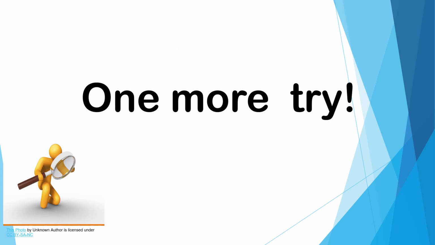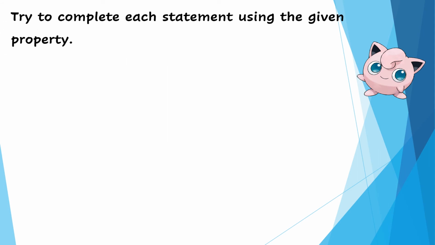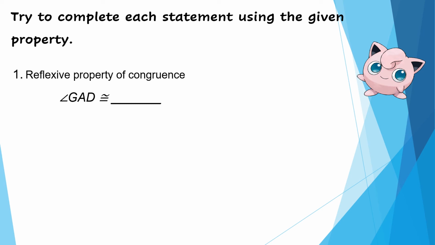In this part, you are going to test further your understanding on how to apply properties of congruence and identify congruent parts and congruent figures. Try to complete its statement using the given property. For number 1, applying the reflexive property of congruence, what is the missing value? Correct! It is angle GAD.